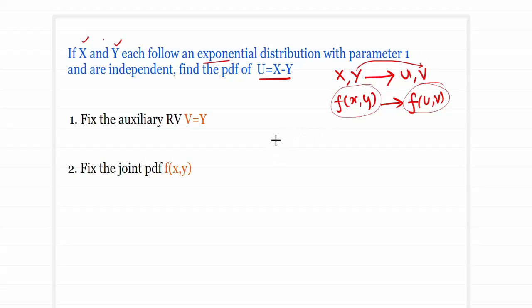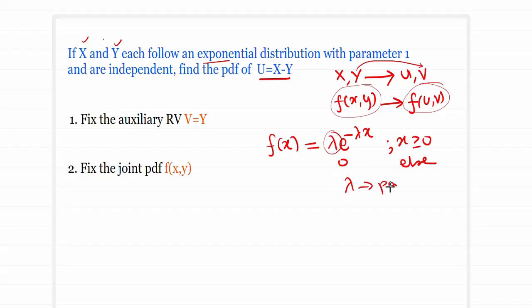What is going to be the PDF of an exponential distribution? If x follows exponential distribution, then we say that f of x is lambda e power minus lambda x, valid for x greater than or equal to 0, and is going to be 0 elsewhere. The quantity lambda is called the parameter of the distribution.